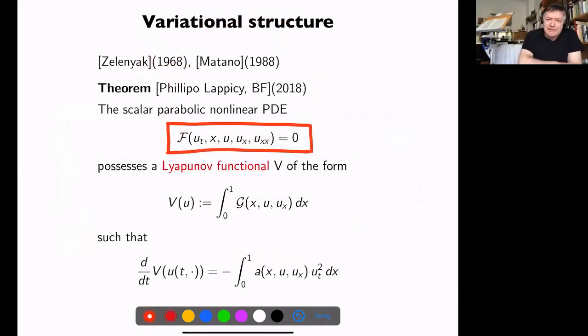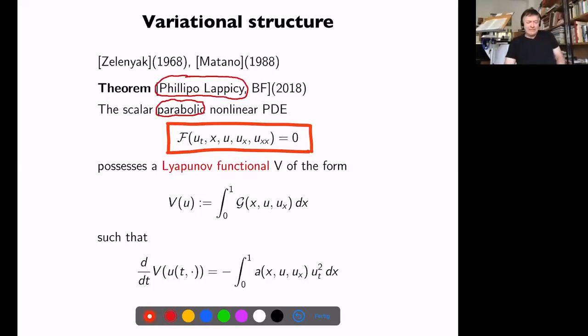And if you generalize this a little bit more and you study parabolic but completely nonlinear PDEs, so the partial derivative of f with respect to u sub t is positive, and with respect to u sub x it is negative, say the script f, then Filippo Lapisi initiated our quest for a Lyapunov functional.